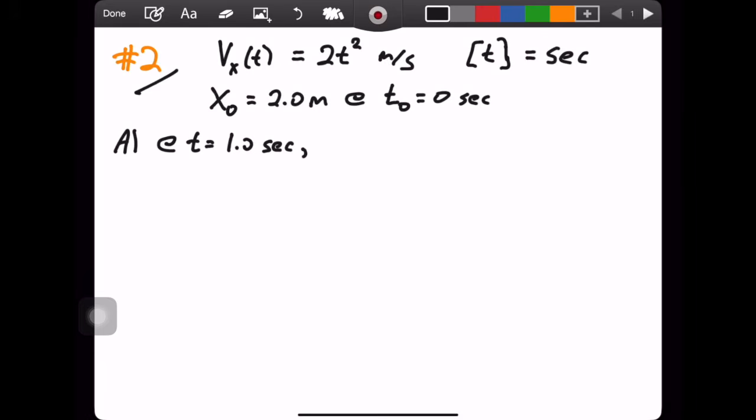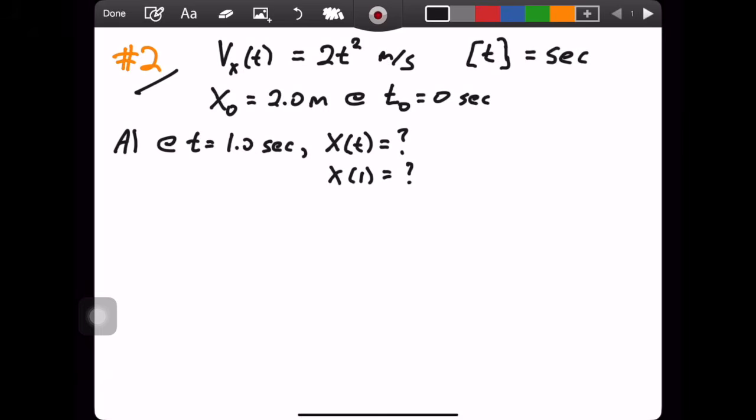Which is another way of saying, what is the x position as a function of time, where we will plug in 1 second to get our answer. How do we do this? Because we're only given our velocity as a function of time.